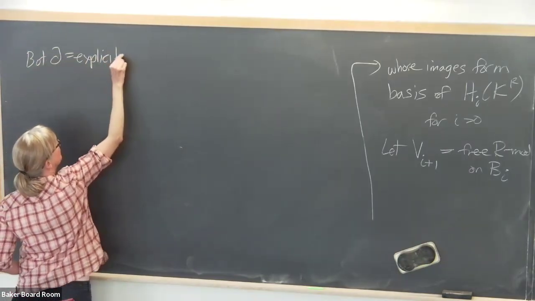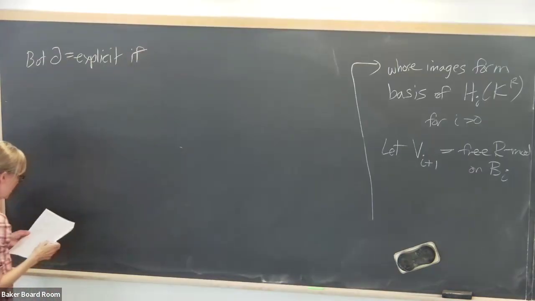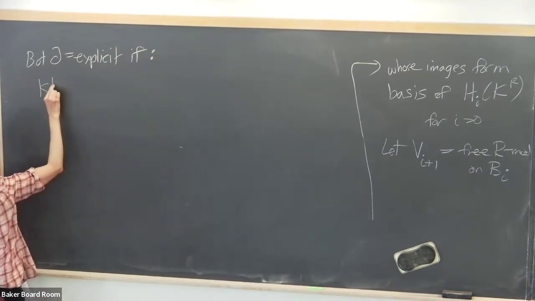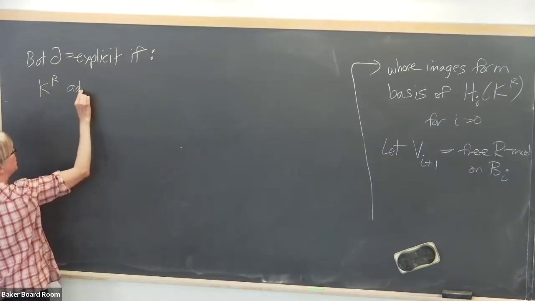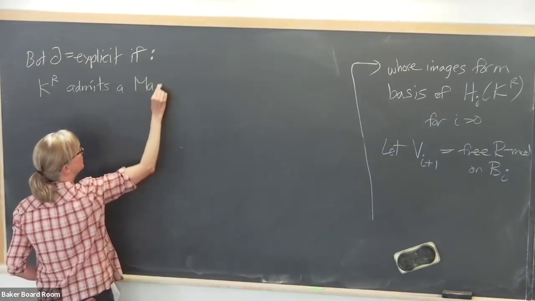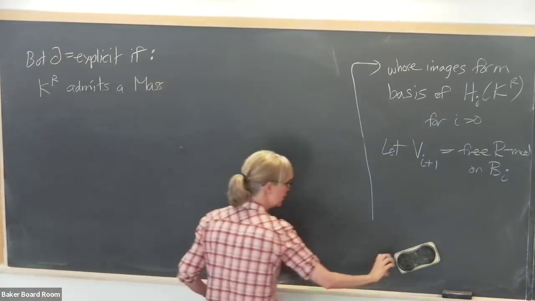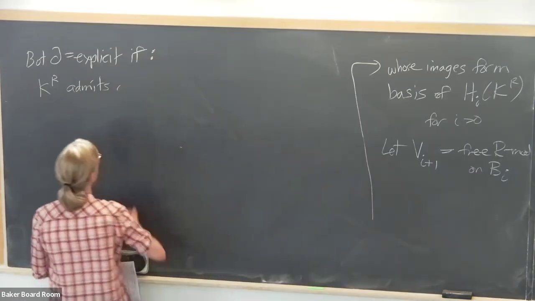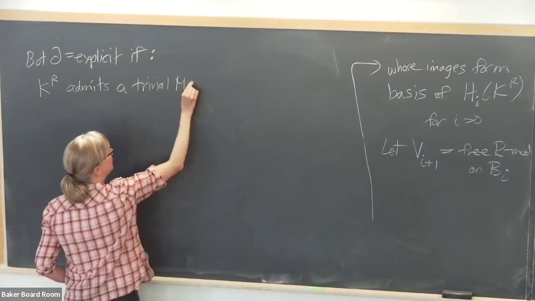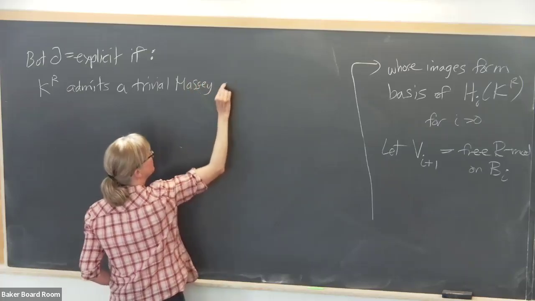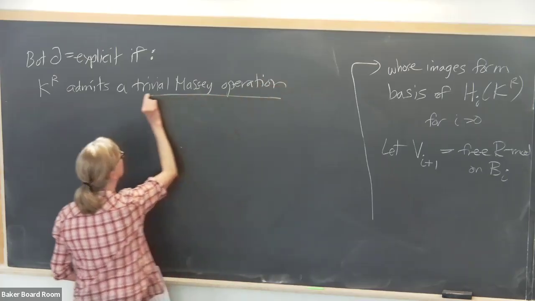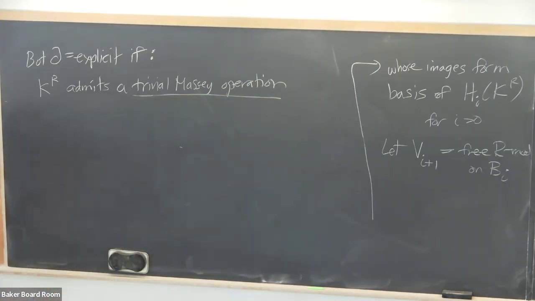So, if KR, the Kazoo complex, admits what's called a trivial Massey operation, which I'll tell you what that is right now.